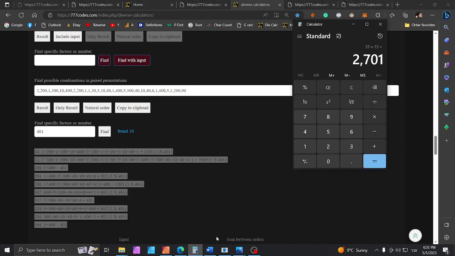Now, how do we find the expected rate of these that you would expect to see? Well, you have to take the total number of letter combinations in permutations, which are 378, and divide it by 401, which we are searching for.